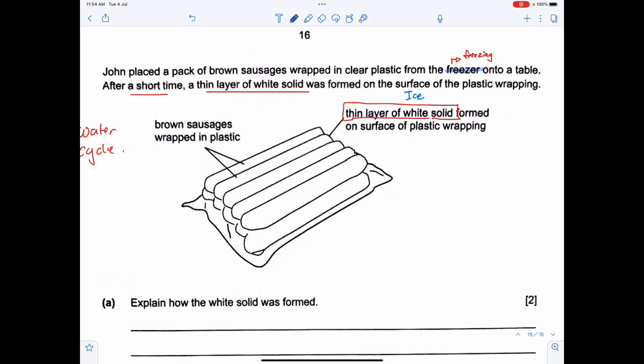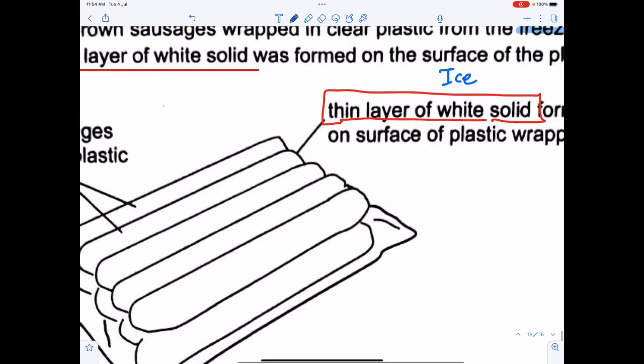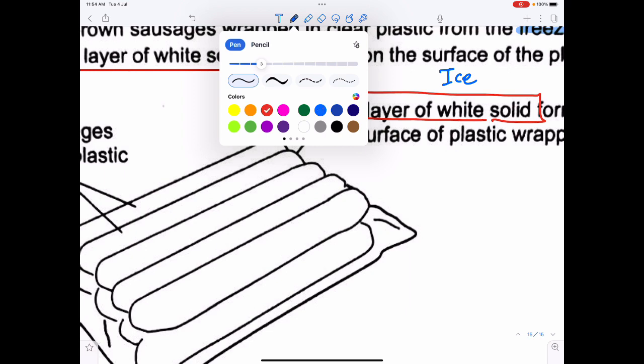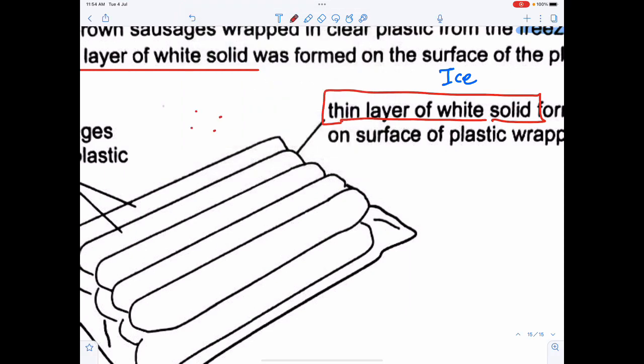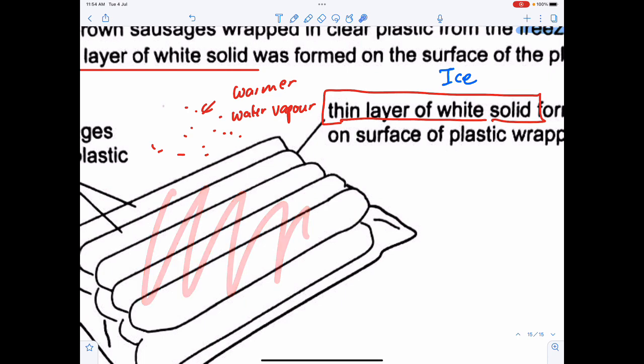What actually happened is that in the air that you will not be able to see is your warm water or warmer water vapor, okay, as compared to your very cold sausage that came straight from the freezer.